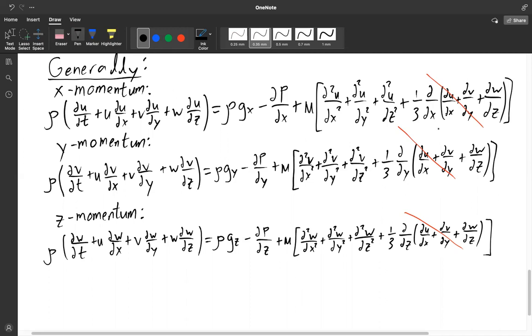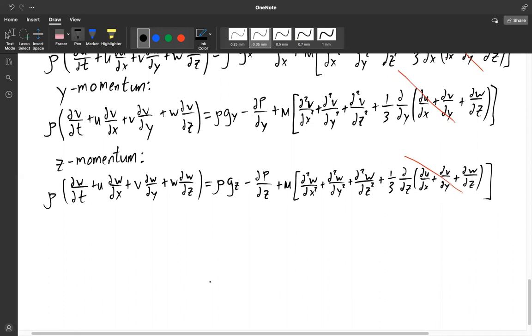Therefore, these terms cancel out. Let me write that down. Terms go to 0.